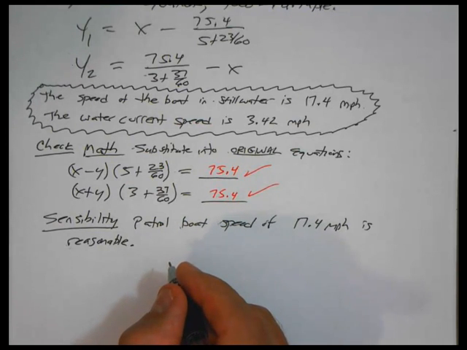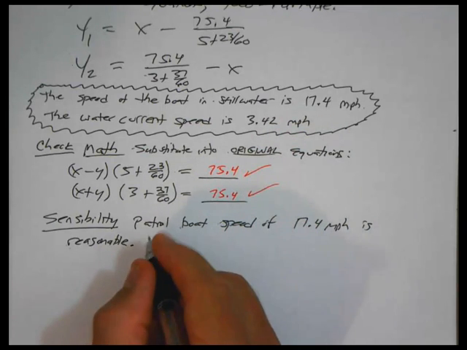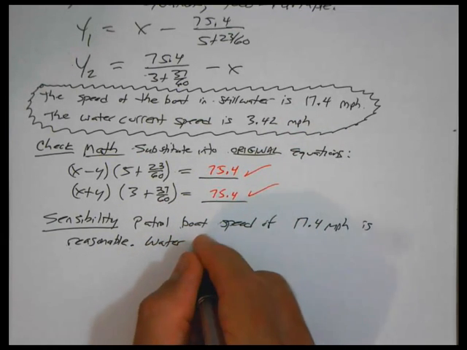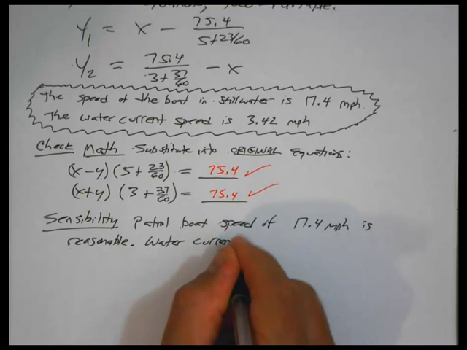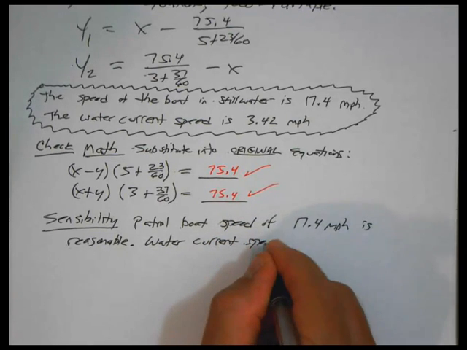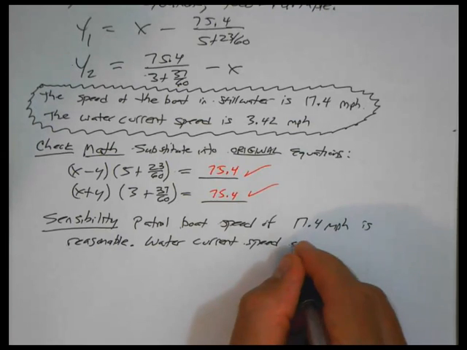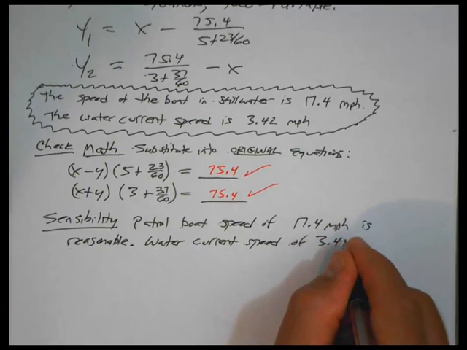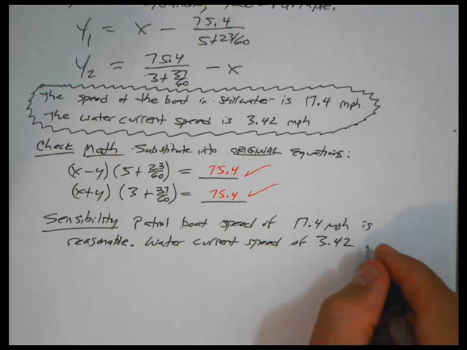Secondly, what about the water current? What do we have there? The water current speed of 3.42. If you go online, you can check out the current speeds of rivers throughout the world. Check the Amazon, the Nile, the Ganges, and basically they're all between 1 and 7 miles per hour for the most part.